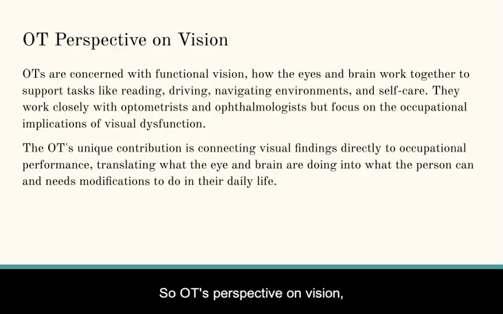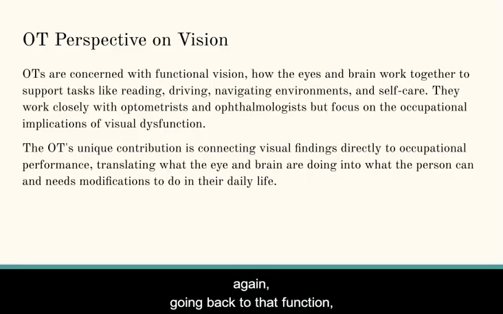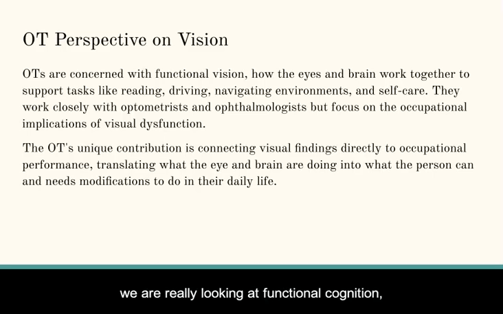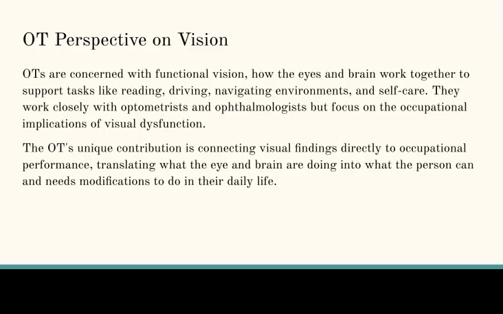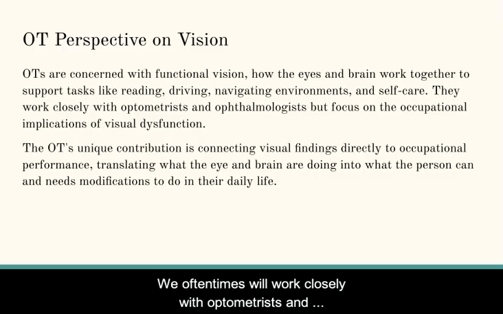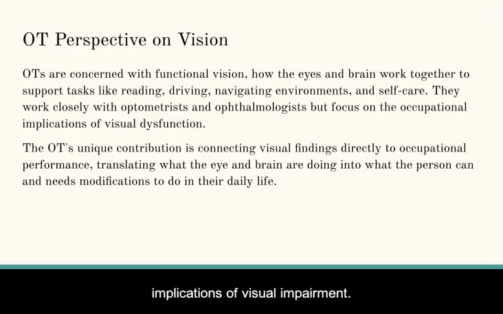So, OT's perspective on vision. Again, going back to that function, we are really looking at functional cognition, how the eyes and the brain work together to support occupation. We often work closely with optometrists and ophthalmologists to focus on the functional implications of visual impairment.